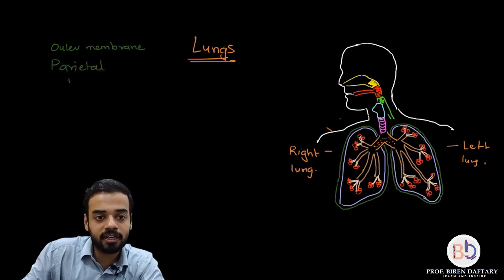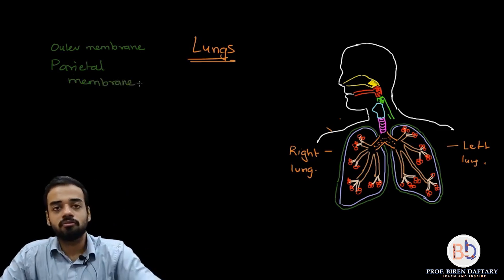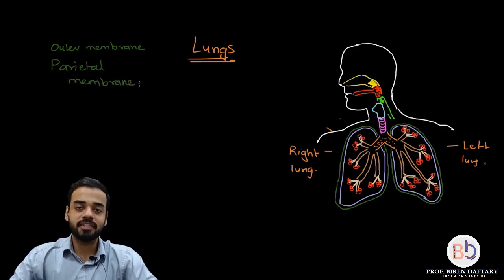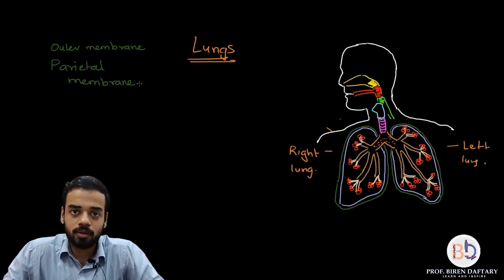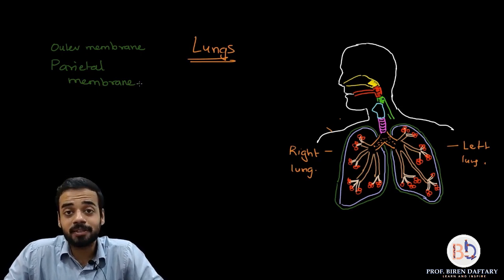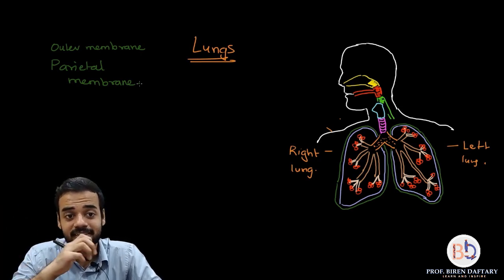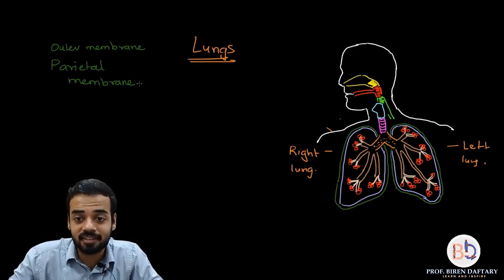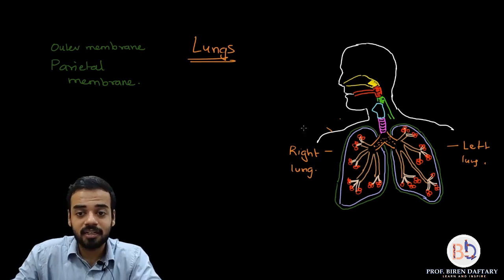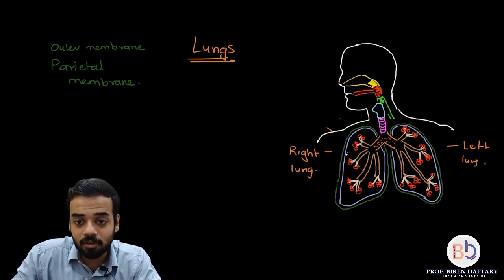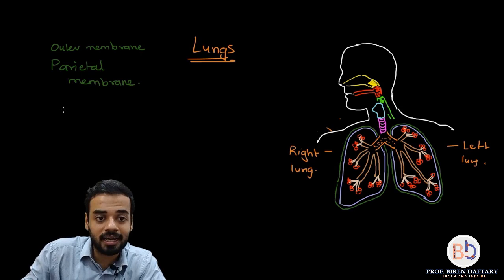We have already come across these words. If you have studied the glomerulus, or to be precise, Bowman's capsule, then parietal and visceral cells are present. So parietal is this outer membrane of the lungs. Similarly, the inner membrane of the lungs is called the visceral membrane.